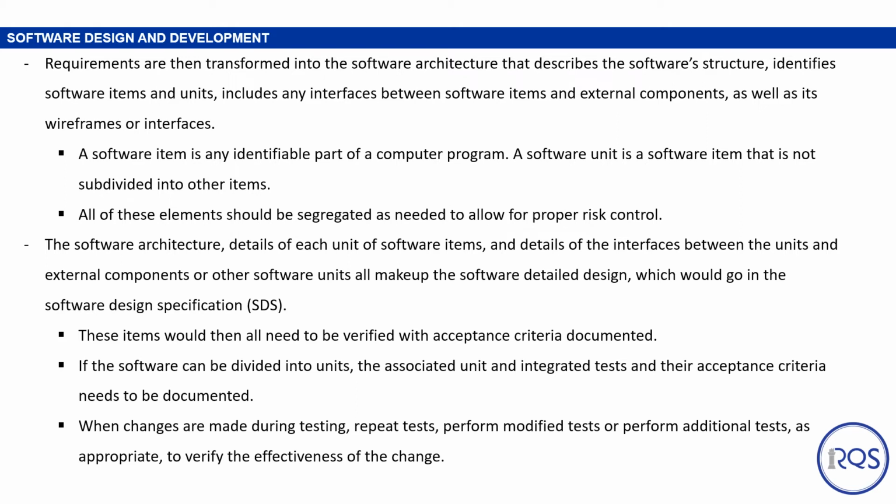If the software can be divided into units, the associated unit and the integrated tests and their acceptance criteria all need to be documented. When changes are made during testing, repeat the tests, perform modified tests, or perform additional tests as appropriate to verify the effectiveness of the changes.